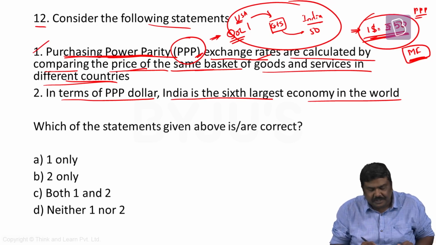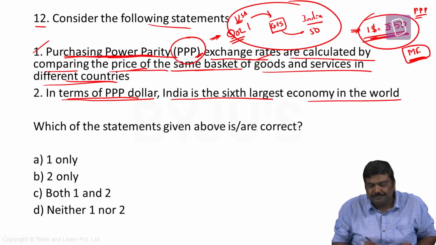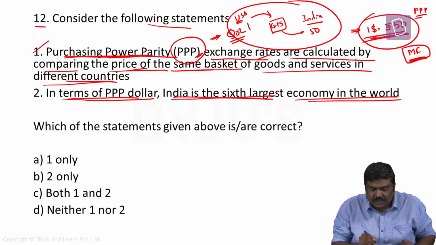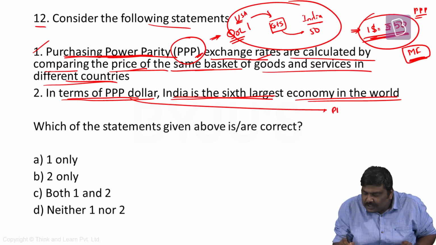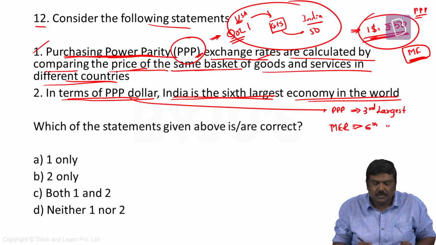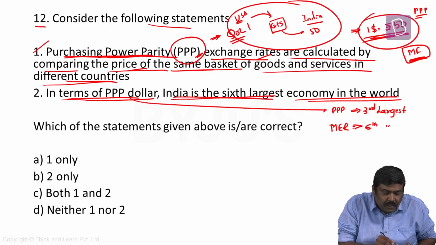Now the second statement: in terms of PPP dollar, India is the sixth largest economy in the world. Please remember this, in terms of PPP exchange rate, India is the third largest economy, whereas in case of market exchange rates, India is the sixth largest economy. So the statement which has been given is wrong.